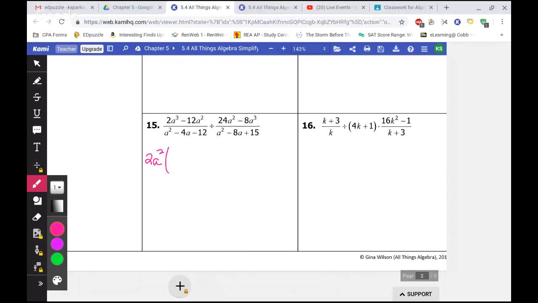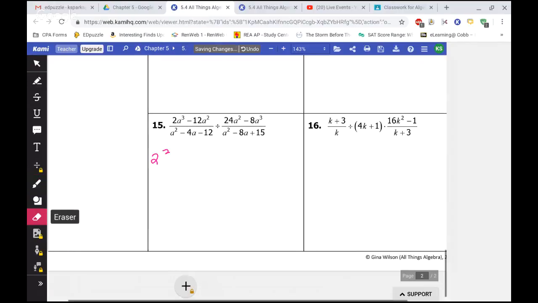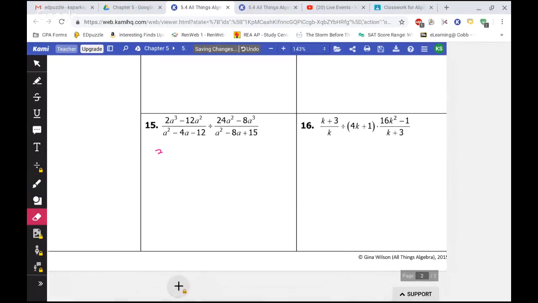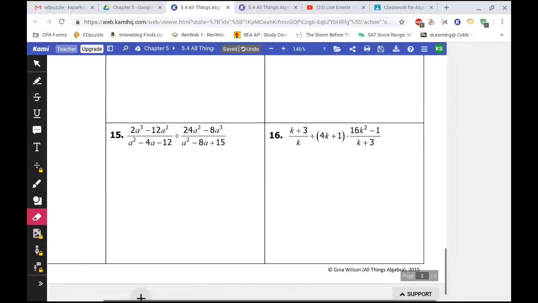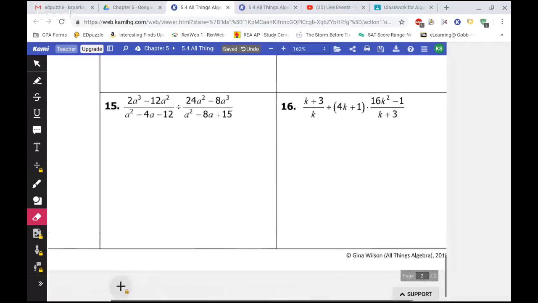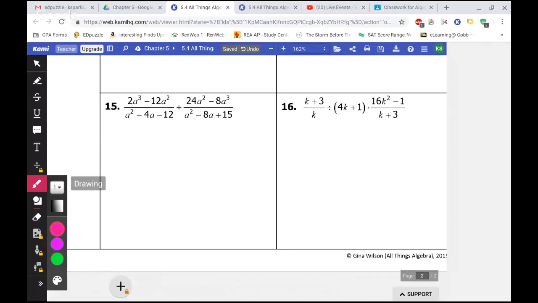Factor out a 2a squared. Let me start over. I was going to factor and then flip, but I don't want to do that. Rewrite the first.